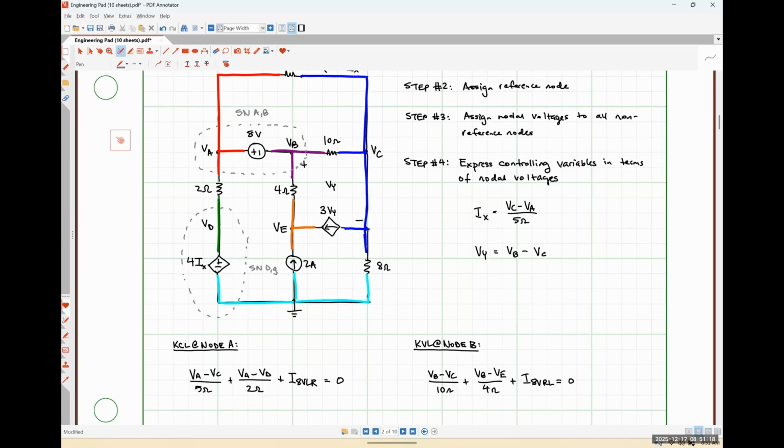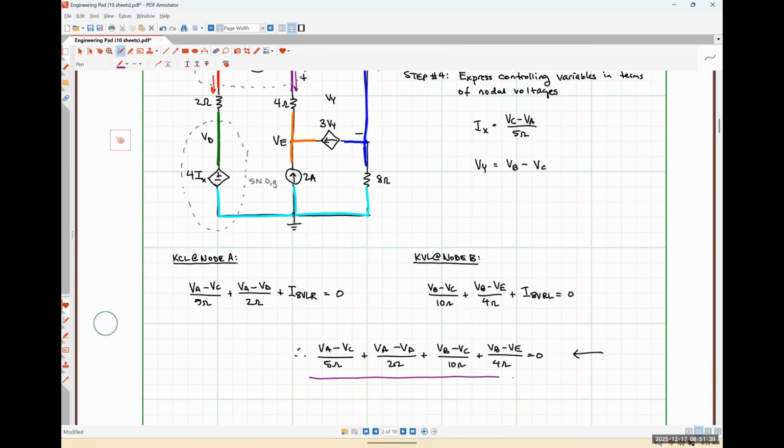So I'm going to do that as a lowercase g. So with this concept of a supernode, if I added the currents that are leaving the supernode, this guy, this guy, this guy, and this guy, it's just going to give me those 4 currents added together equal to 0.